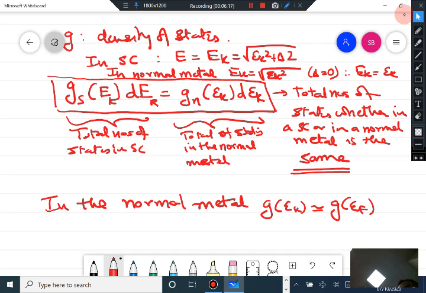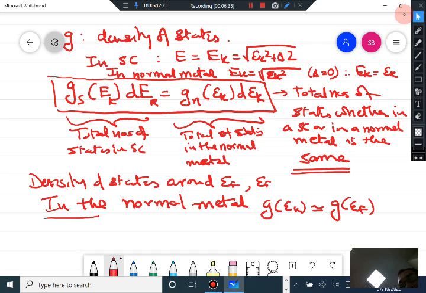So we will consider the density of states around the Fermi energy. We want to calculate the density of states around the Fermi energy, that is EF plus or minus delta.